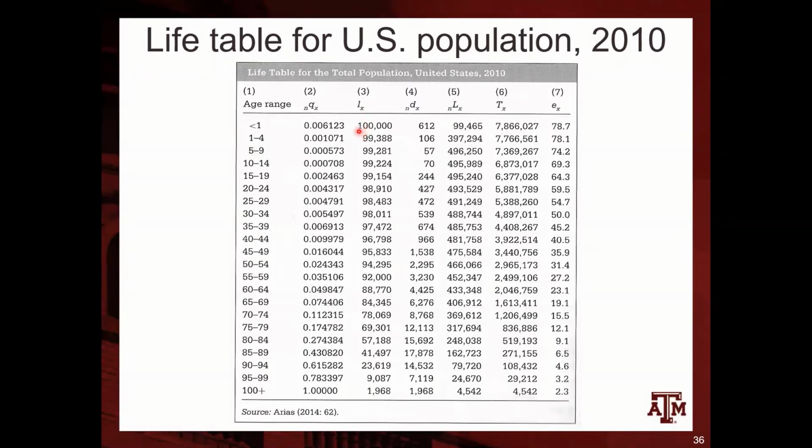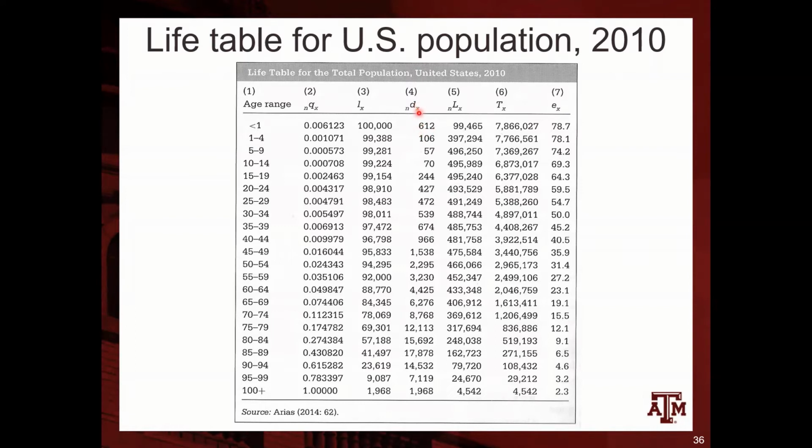So what we are doing here, out of these 100,000 people, they were exposed to this mortality here when they were babies. How many people died? If I have 100,000 people and the chance of dying equal to 0.006, I multiply this one by this one, I have 612 people dying.